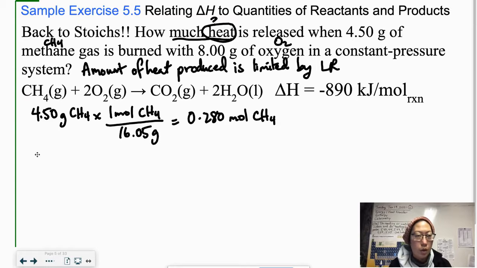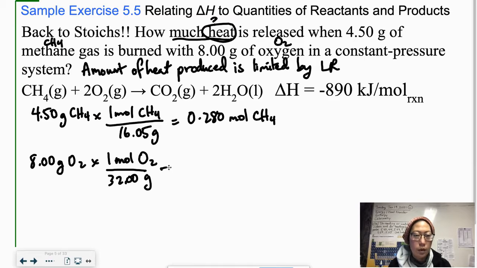With my oxygen, I'm going to convert that to moles. And we have a molar mass of 32. Okay, and when we divide this out, we get 0.250 moles of O2.